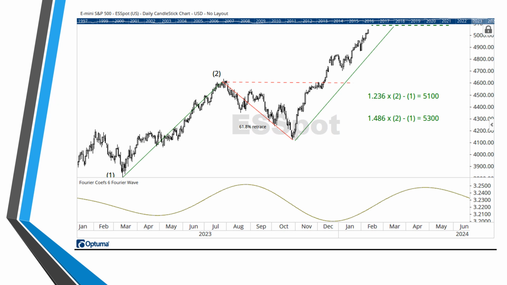As we get into the end of March, early April, we are practically at a turning point on this Fourier wave analysis. So yeah, there is a turning point coming on the S&P, on the Dow. And if I did the same exercise on the NASDAQ, it's going to point to the same thing. There's a turning point coming.